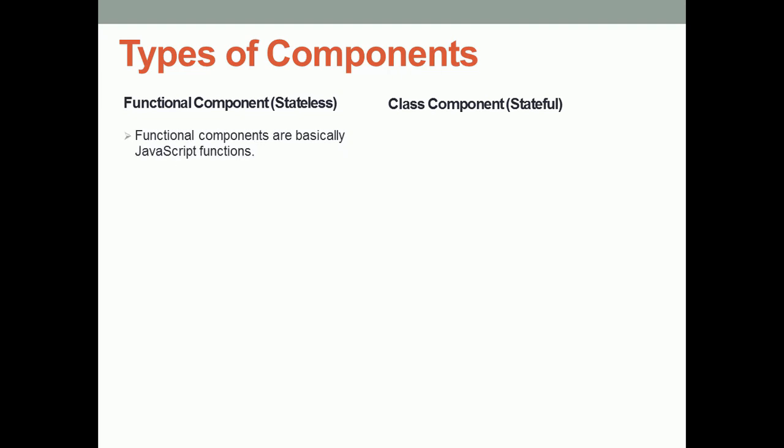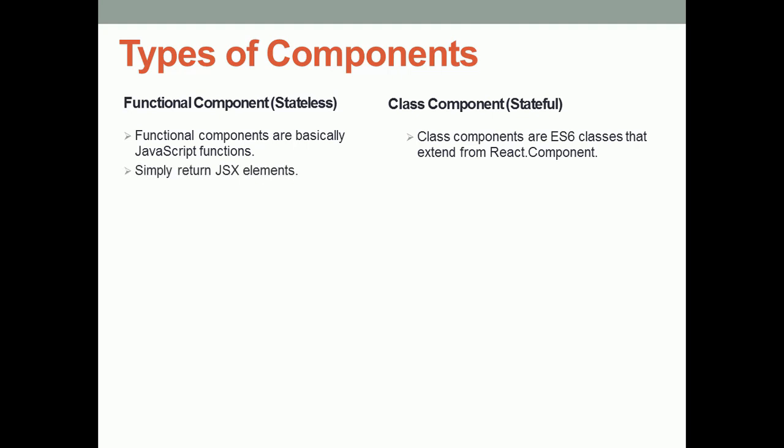The functional components are basically JavaScript functions, and the class components are ES6 classes that extend from React.Component, a component already provided by React. The functional components return the JSX element directly, whereas a class component has a render method, which further returns the JSX element.